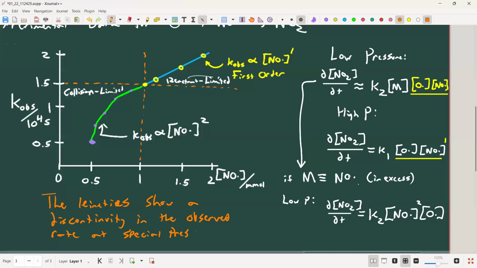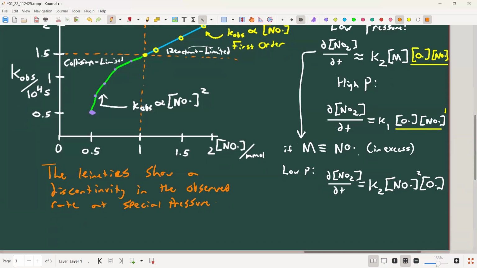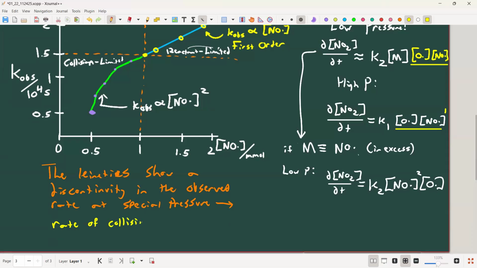And again, that pressure for this system just about happens to be 1 millimole. It's purely coincidence it ends at 1, right? At some special pressure, which is where the rate of collisions begins to become faster than the rate of radical association. That when they come together and say hello.